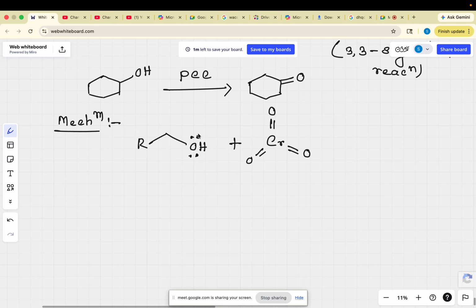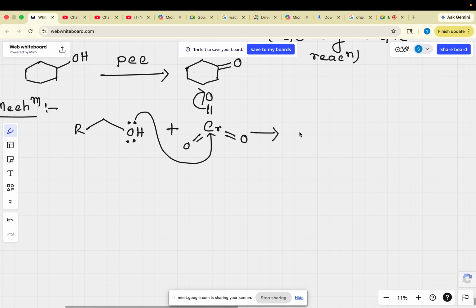The oxygen lone pair will attack the chromium center, and this double bond breaks. So oxygen is there, hydrogen is also there, and chromium is attaching with this.